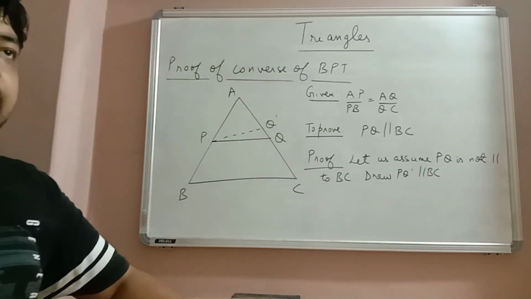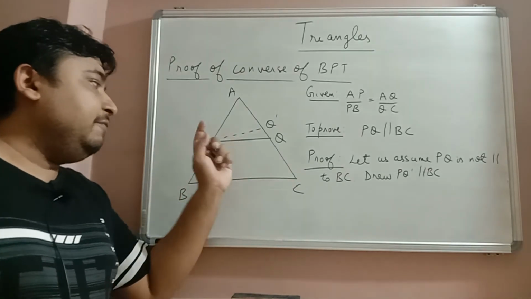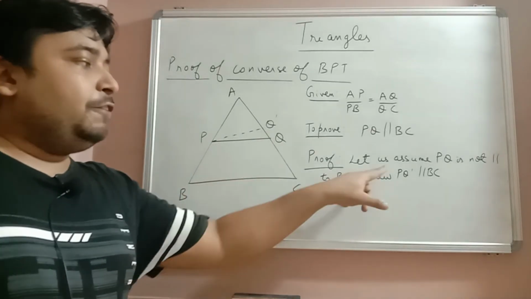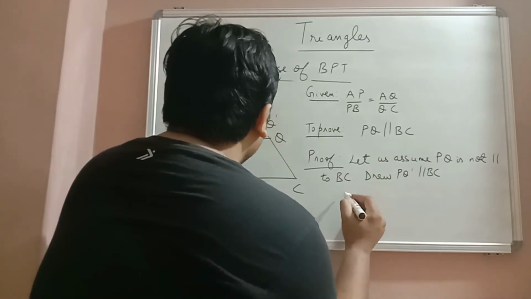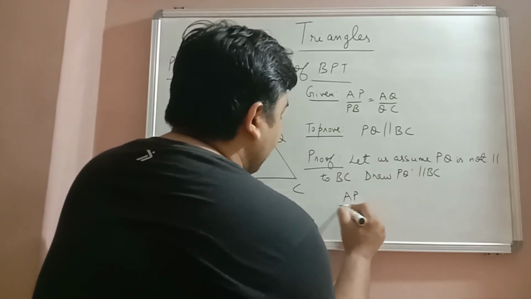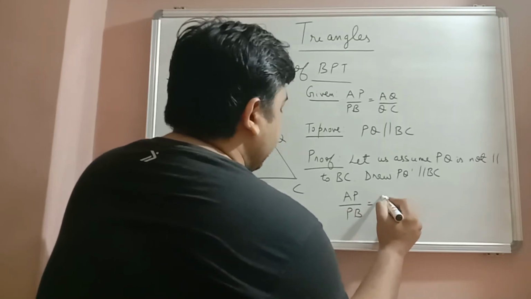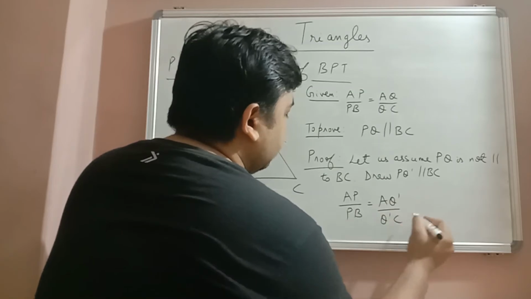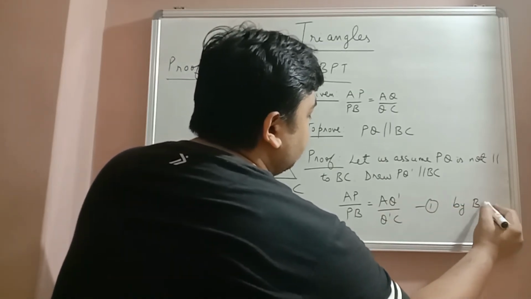So here we have assumed that PQ is not parallel to BC, and we have drawn a line PQ dash which is parallel to BC. Now if PQ dash is parallel to BC, by basic proportionality theorem, one can say that AP upon PB is equal to AQ dash upon Q dash C by basic proportionality theorem.